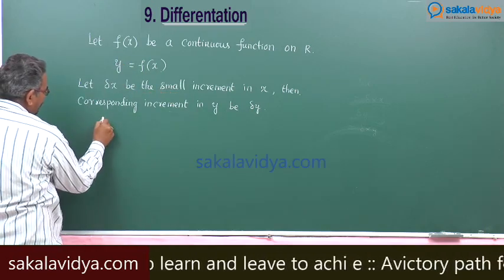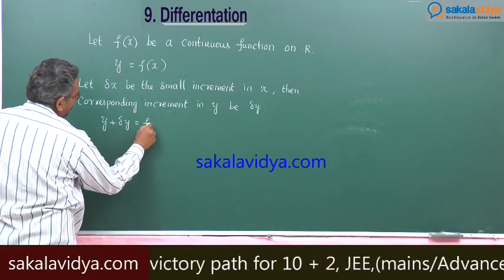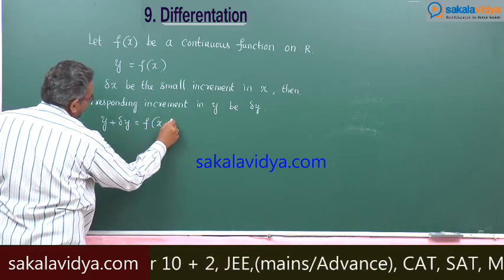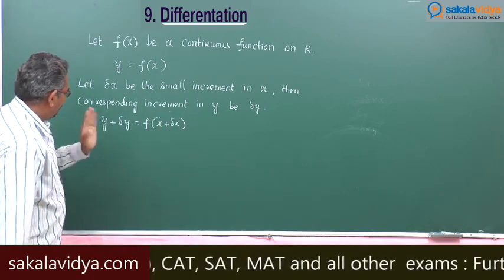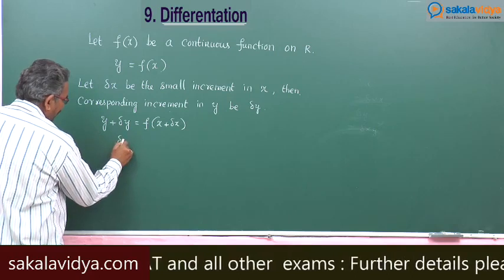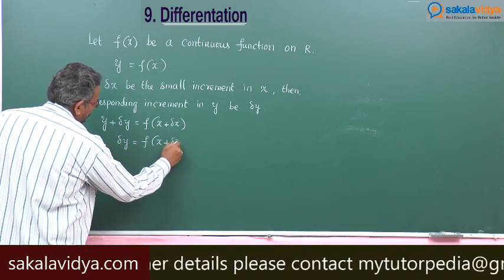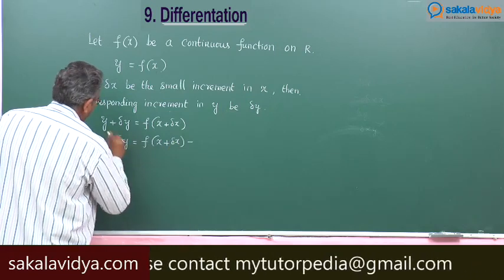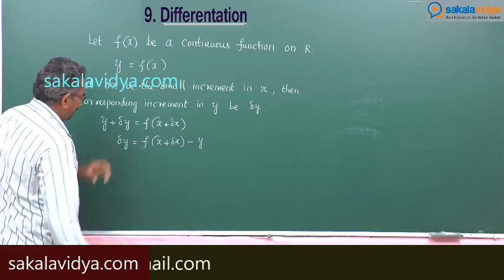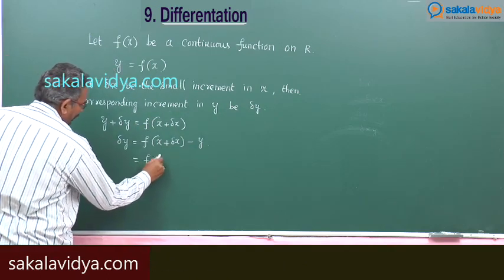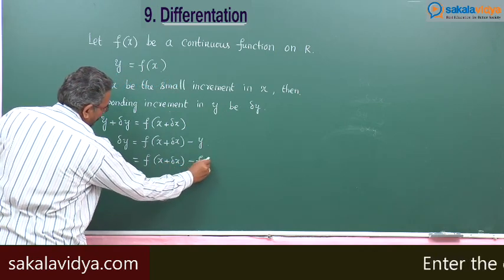Now, y changes like this: y plus delta y becomes f of x plus delta x. Taking y to the other side, delta y is equal to f of x plus delta x minus y. Now, y is replaced by f of x. So this is equal to f of x plus delta x minus f of x.